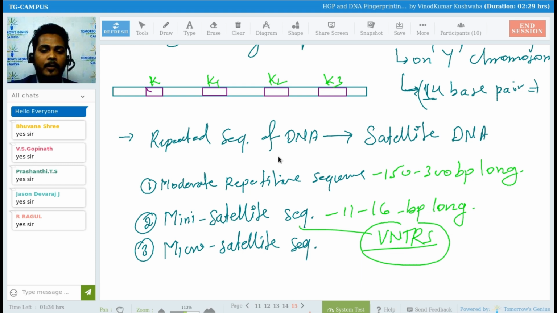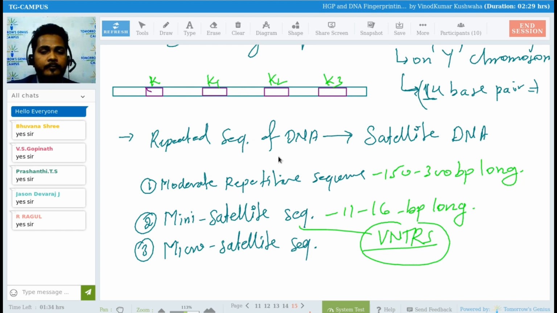The full form of VNTR is variable number tandem repeats. We will see what variable number tandem repeats are in DNA fingerprinting, which is the next concept after this. So that is the mini satellite.